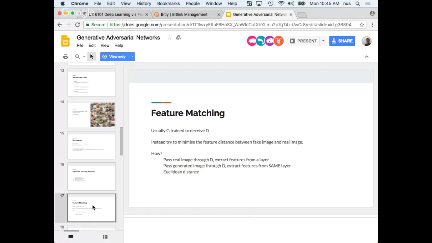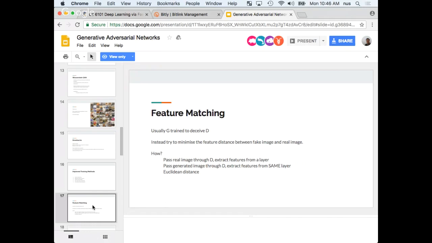So for example, the generator would create an image and you would take a sample image. You would pass the sample image through the discriminator and extract features from a specific layer, and store it somewhere. And similarly, you pass the image which you generated through this discriminator and extract features from the same layer. And you try to calculate the Euclidean distance between the two. And this would then be the loss that you're trying to optimize for.